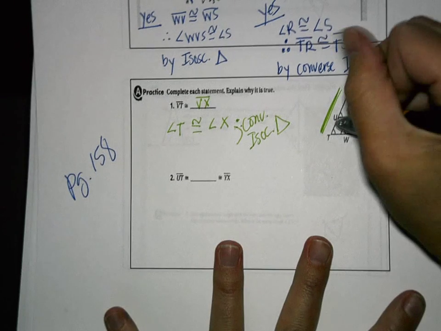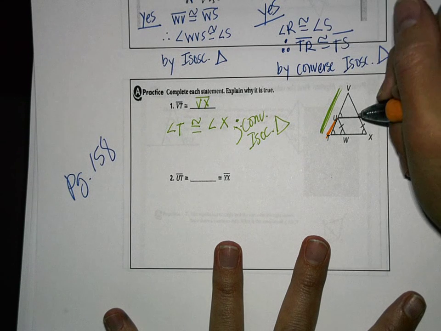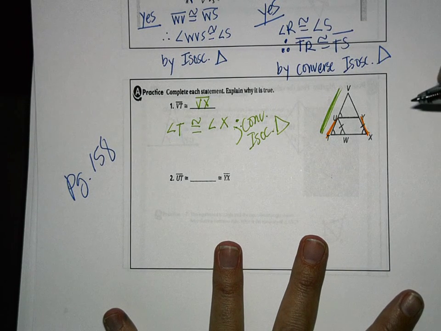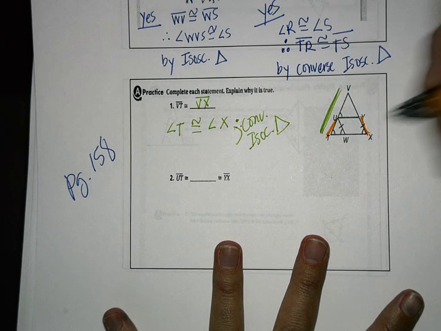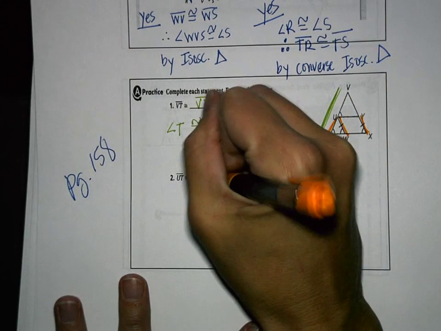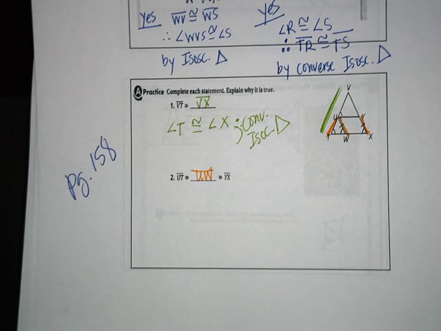So here is UT. This is congruent to YX, and what else? UW. How do we know all of that?